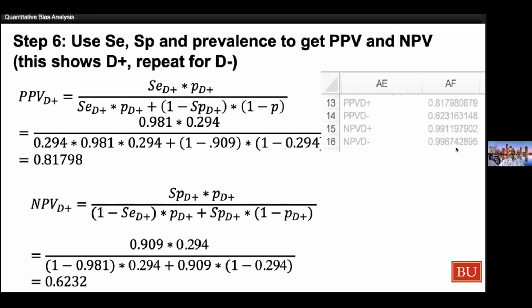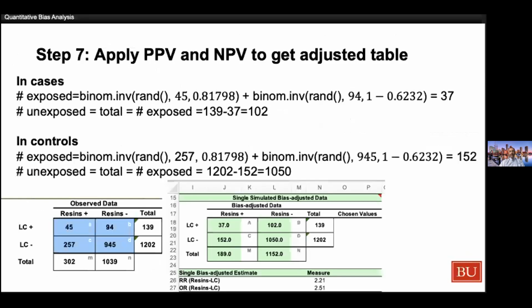These are the 4 values for positive and negative predictive values that I got from the values for sensitivity and specificity that I chose, plus the sampled value for the prevalence. Now that I have the positive and negative predictive values, I can use those to adjust the cell counts. And so that's what's happening here.